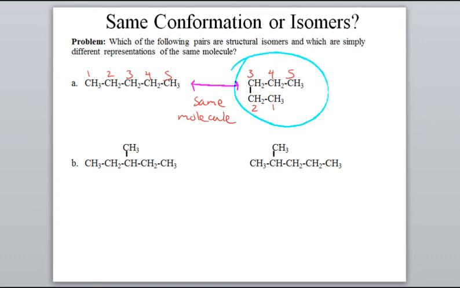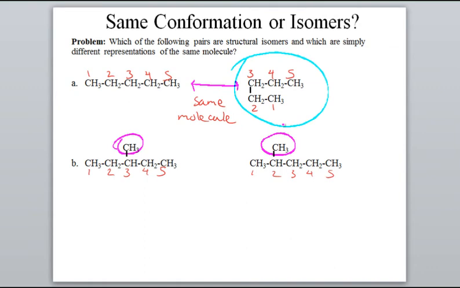The one below, they're different molecules. If we started counting for the longest chain, 1, 2, 3, 4, 5, that's a pentane for the longest chain. This one, if we started counting 1, 2, 3, 4, 5, they both have the same longest chain, but the place where the methyl group is attached, the carbon that it's attached to, is a different carbon.